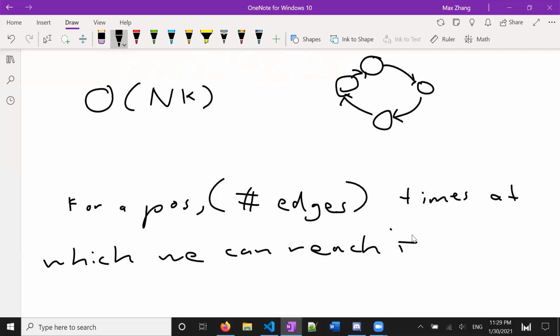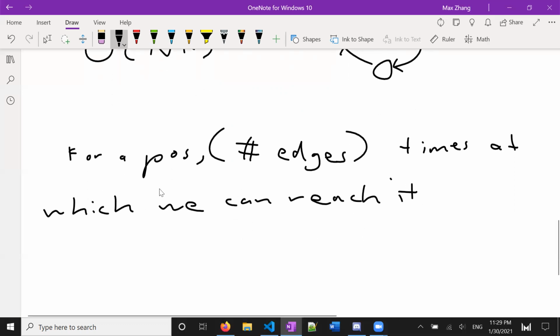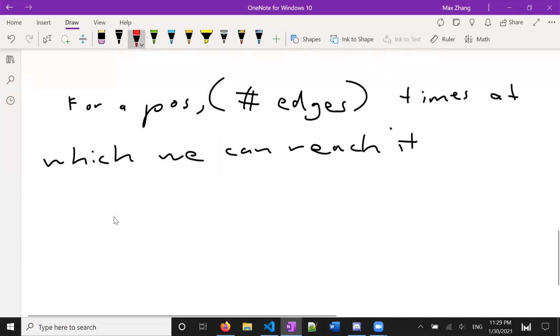And so if we only keep track of the times that we can possibly reach it at, then the sum of all the times across all the nodes is going to be 2k, because each edge only contributes a time to the two positions that it is connected with.